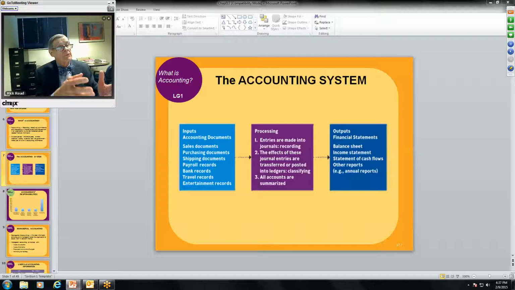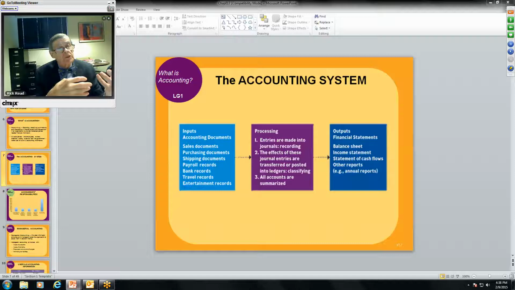So here on the left-hand side, we're showing all the different things that would go into different accounting classifications. Sales documents, of course, that's an asset. We're selling something, we get money back for that. Things that we're purchasing, expense reports, payroll records, travel, etc. And all that goes in, and then it goes through some processing here.